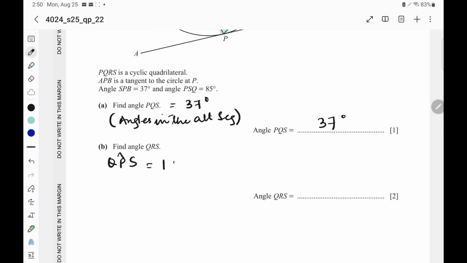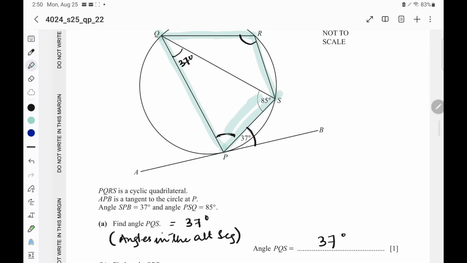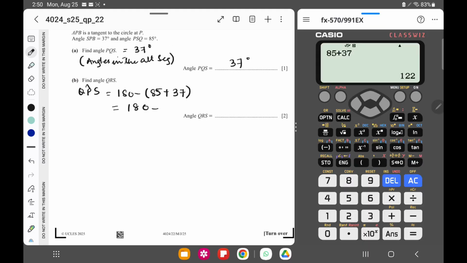Angle QPS, 180 minus. If we have to find out, it means we are taking this triangle only right now. Okay, so sum is 180 degrees. 85 and 37 are the other angles here. So 85 plus 37, just added together, is 122.